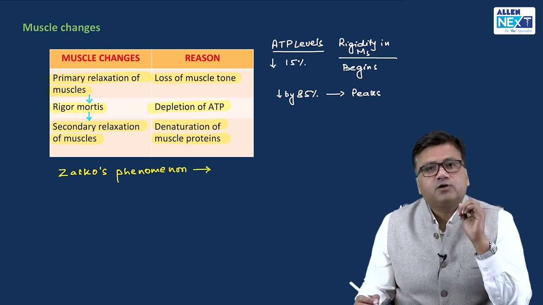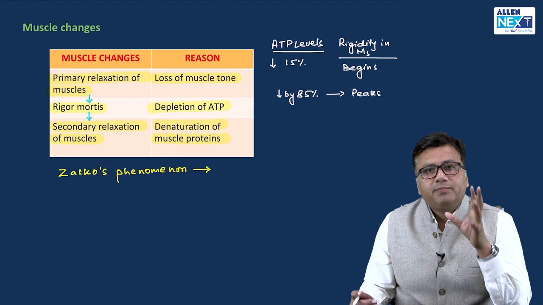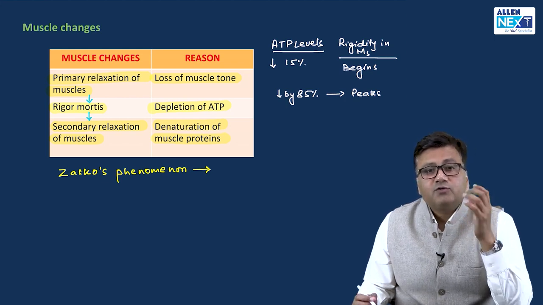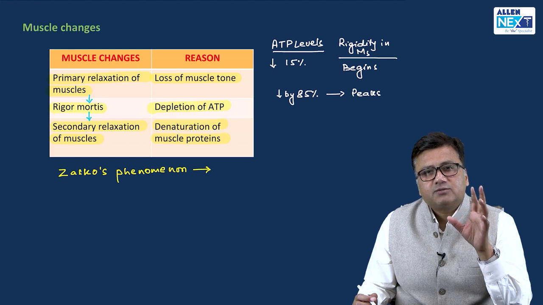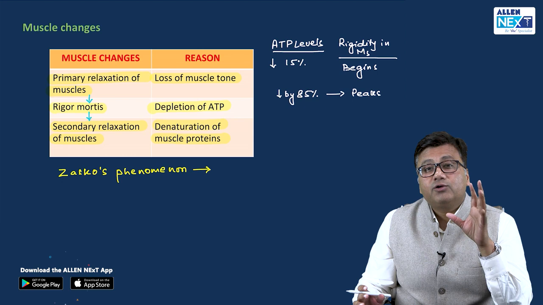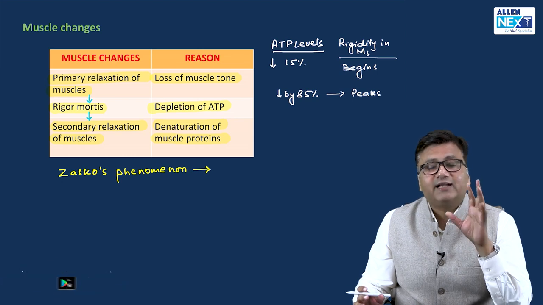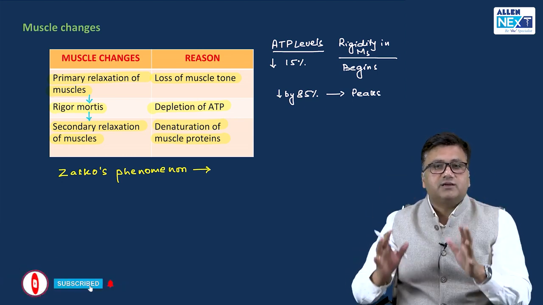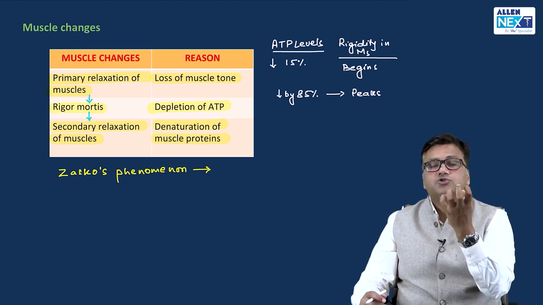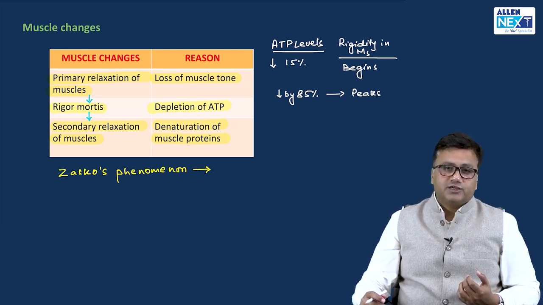What is Zasco's phenomenon? It all depends upon the electrical response of the muscle. What happens in primary relaxation? The electrical responding unit, the contractile unit of the muscle, is active. The actin-myosin filaments are present. So, if you give an electrical stimulus to the muscle, the muscle may show twitching.